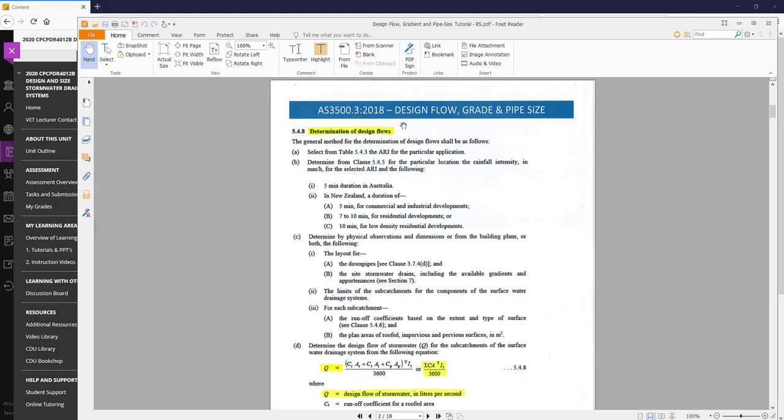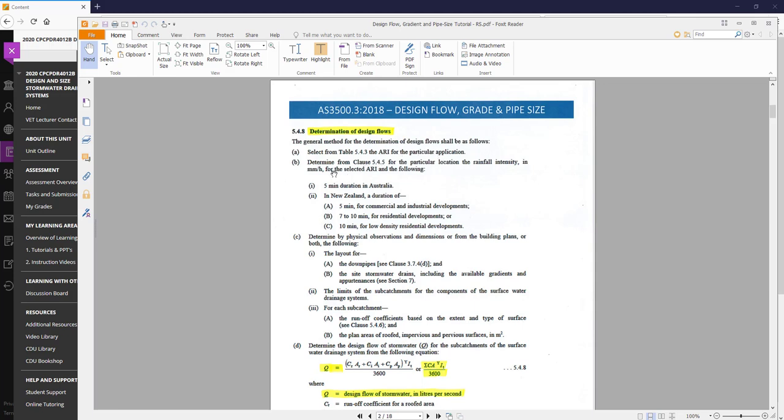So this is the Australian AS 3500, Book 3, the Stormwater Code. And from that, we're going to look at the design flow, the grade, and the pipe size. Now, the first place we have to look is how do we determine the actual design flows? And you'll see here, we select them from table 4.3, which I did earlier.